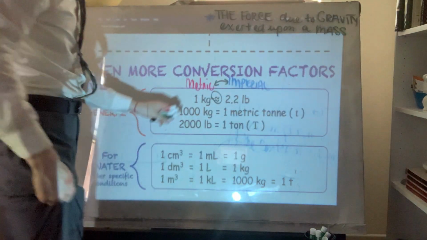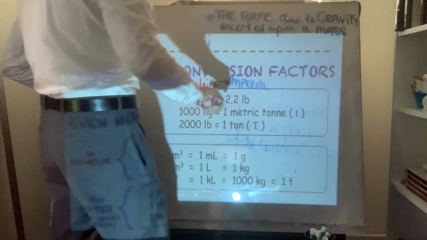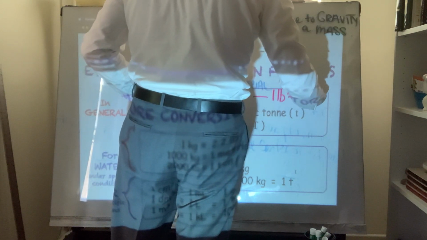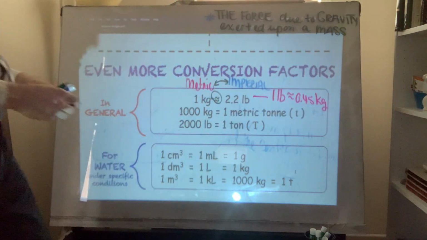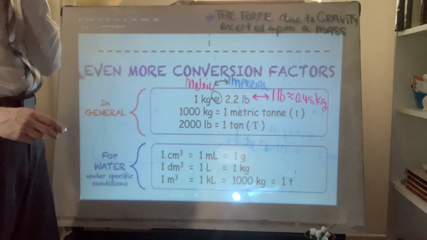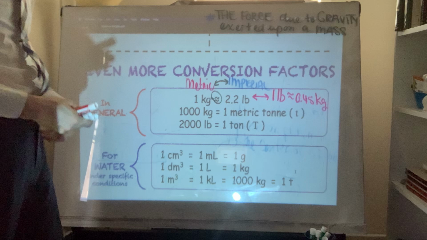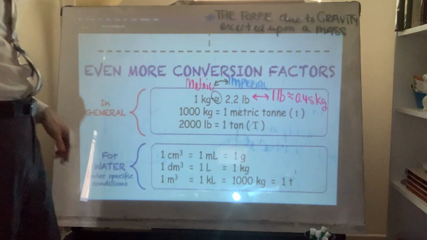I think your book probably favors writing it that way. Sometimes when you're converting, it's more appropriate to write things in this orientation, and sometimes it's more appropriate to write it this way. Even if you just had one or the other, you could make it work.